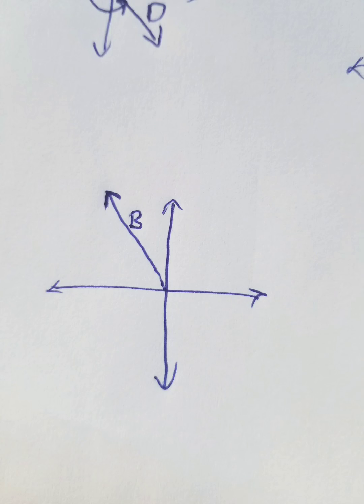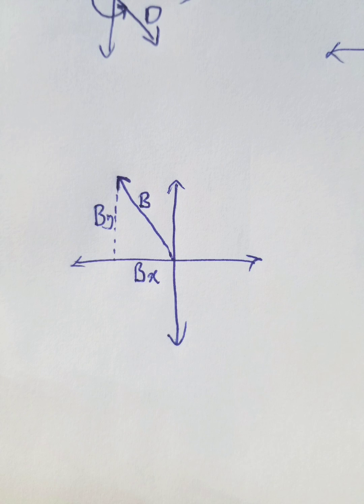If it's in the second quadrant, if you have a vector B in your second quadrant, your x and y component will look like this. Your x component in this case is going to be negative because it's on the negative side of the x-axis. But your y component is going to be positive because it's still on the positive side of your y-axis.